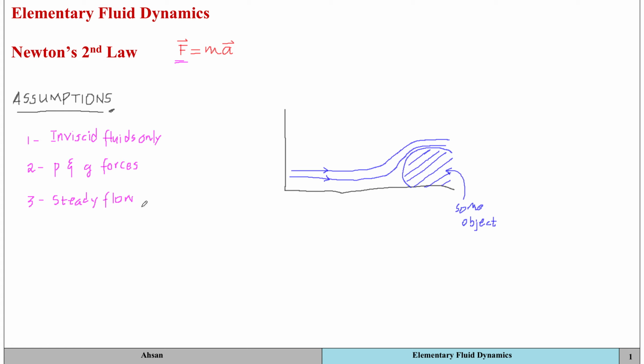The third assumption is that we're only going to be looking at steady flow, and what that means is that there are no changes in a fluid property at a given location in time in the flow field. So, for example, if I pick a point, let's say we've got some object here and we've got air flowing around it, and I choose this location and I call this location 1, and I want to see how the fluid properties vary at this location although the time is changing.